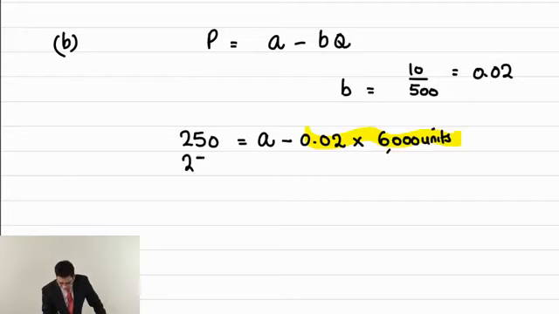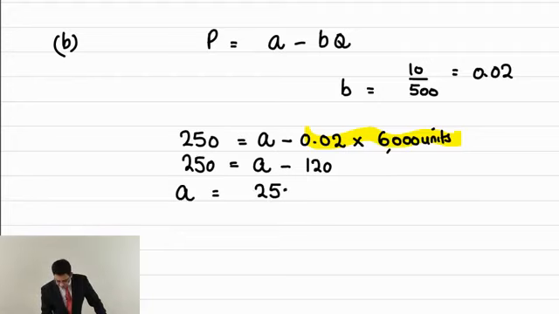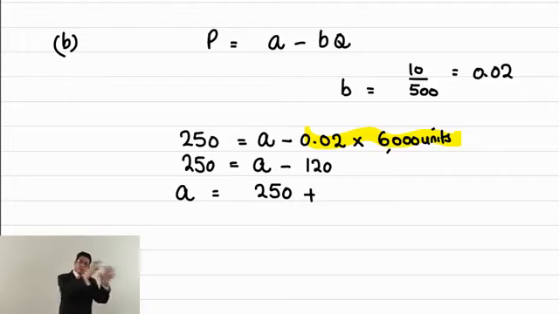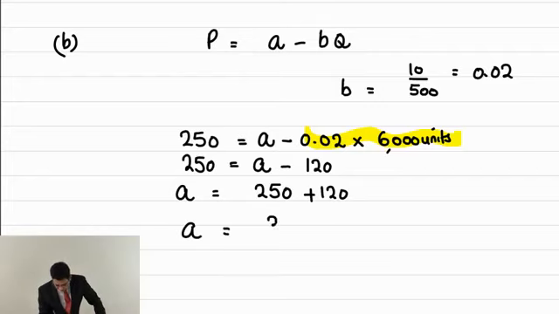So 250 equals A minus 120, and then A equals 250 plus 120, because this minus sign will go to the other side to become positive, and that comes to 370.